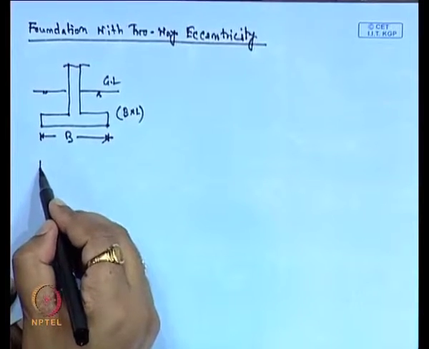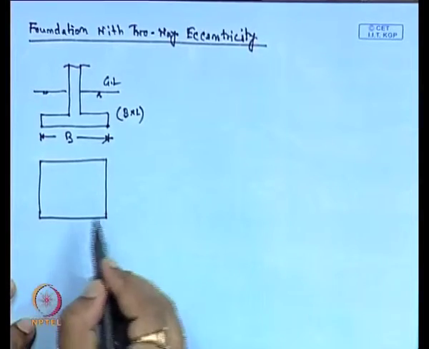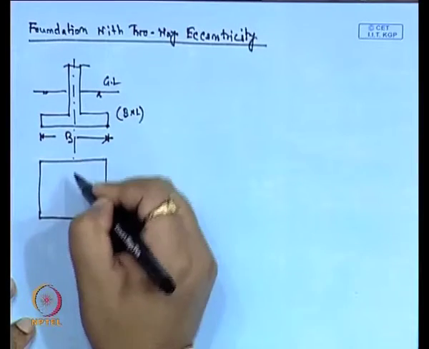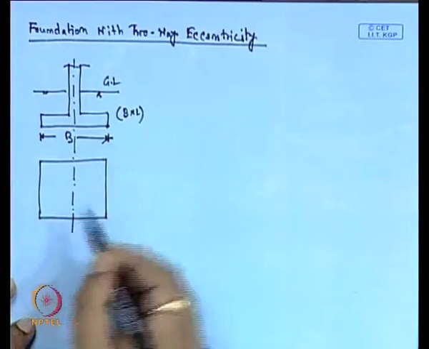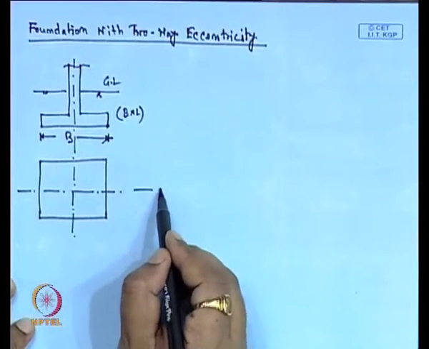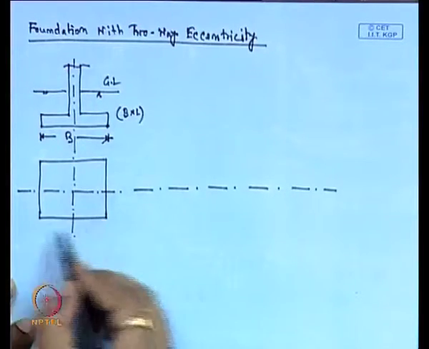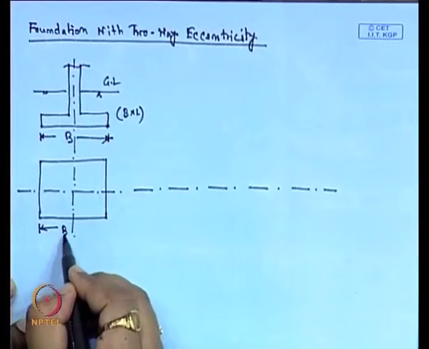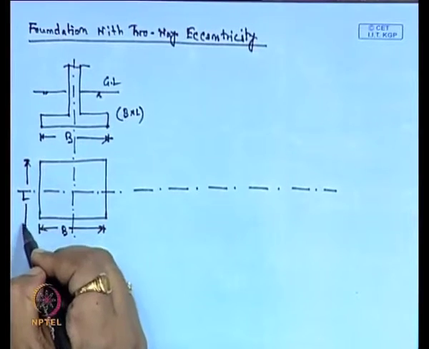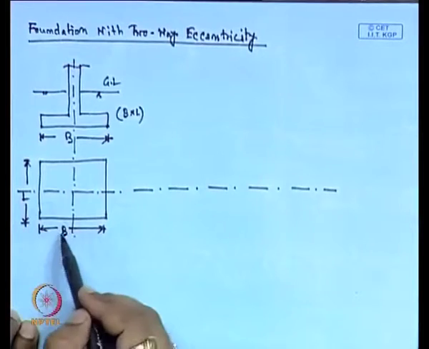So this one is B and this is L. L is the length of the footing and B is the width of the footing.